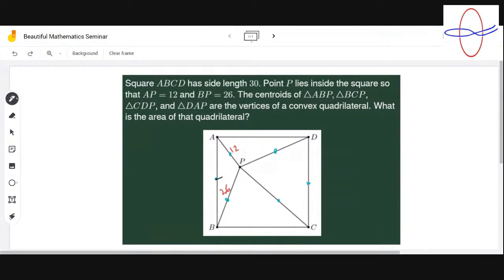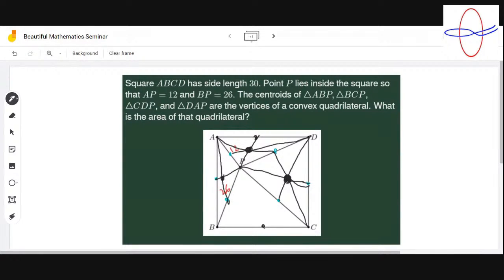Anyways, I think I have to use this thing only. Let's do it. This one and this one. This one is the centroid over here. This one is the centroid over here. Similarly, this one is the centroid over here.